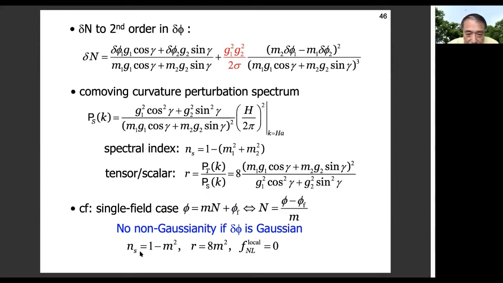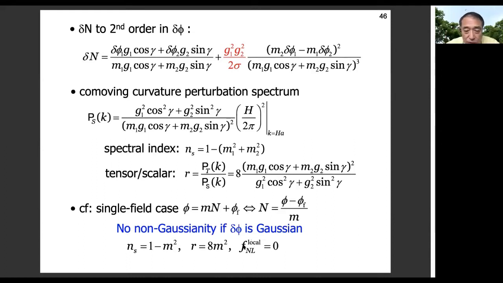The spectral index is just 1 minus m squared, and the tensor to scalar ratio is 8 times m squared. And in this single field case, you find that the so-called local non-Gaussianity, computed in this way, is essentially 0 because this is linear, as you could see.